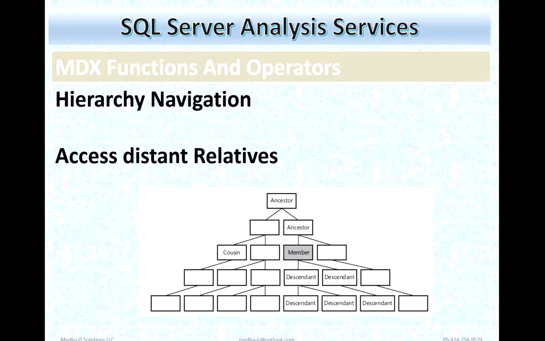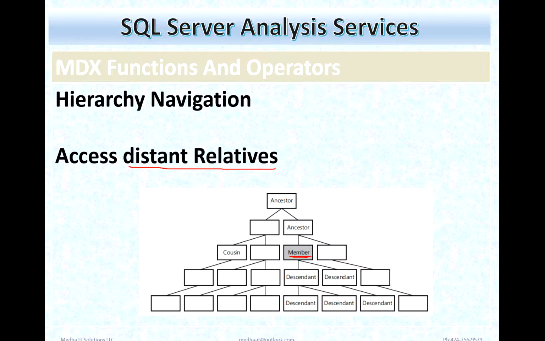That is why we were calling them parent and child. But when we look at distant relatives, we are talking about not just one level, but multi-level relationships, that means multi-level distance between the current member and the member we are interested in.